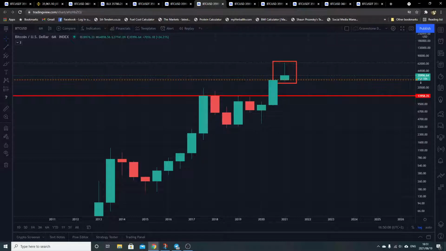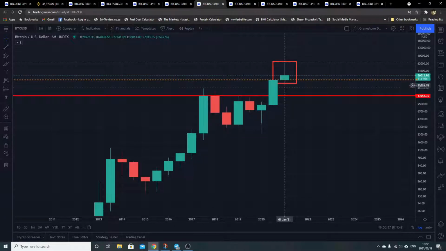For the next 11 days, we are going to print a new candle. A new candle. So, 11 days, guys. That's the beginning of next month.